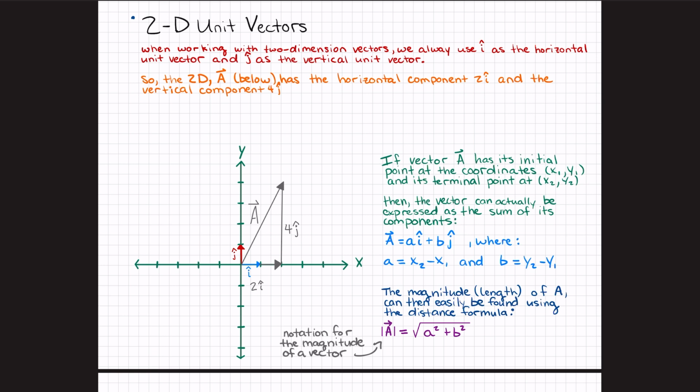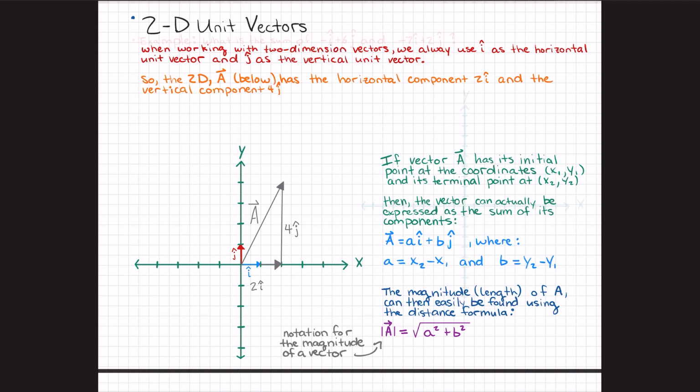That said, all you would need to do then to find the actual magnitude or length of the vector is to use Pythagorean's theorem, because all we're doing is creating a right triangle here with our given vector. So Pythagorean's theorem, in this case 2 squared plus 4 squared, would give us the magnitude of our vector A. So what's 2 squared? It's 4. What's 4 squared? It's 16. So the square root of 20 would be the length of vector A.